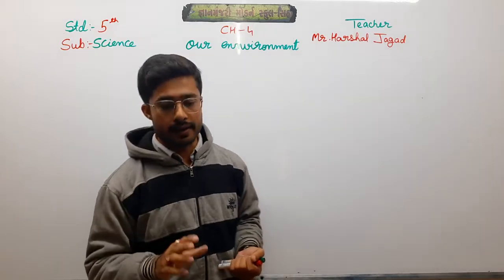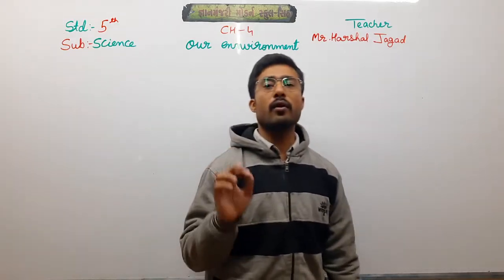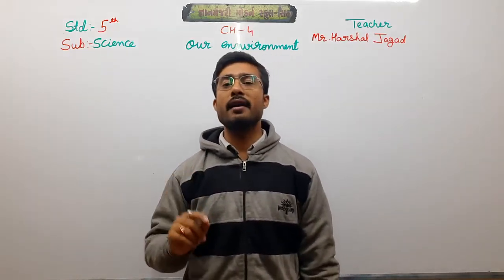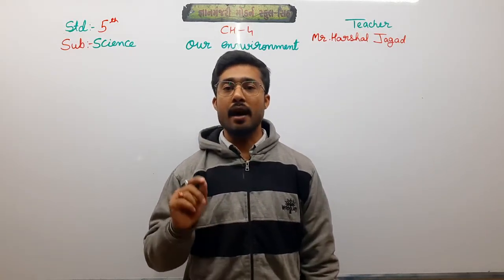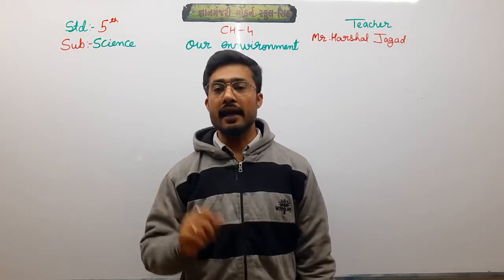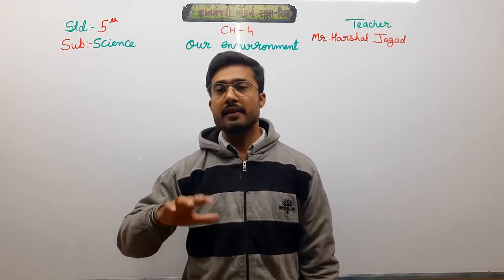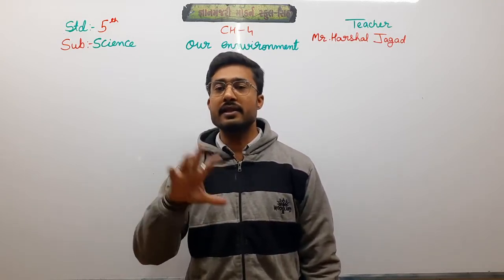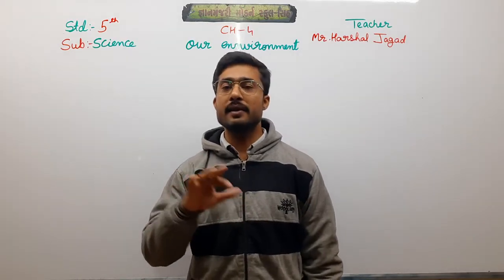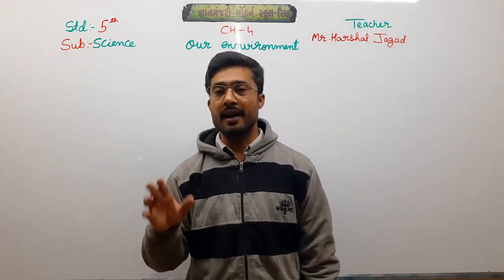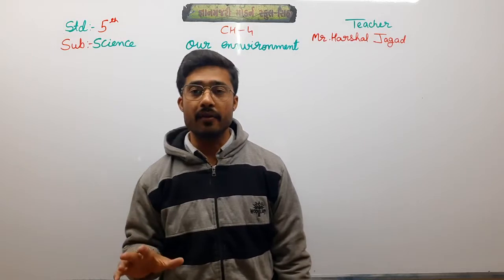What is biogas? It is produced from all the animal and plant waste, like animal dung and all those things. The animal and plant waste which is collected is known as biomass.